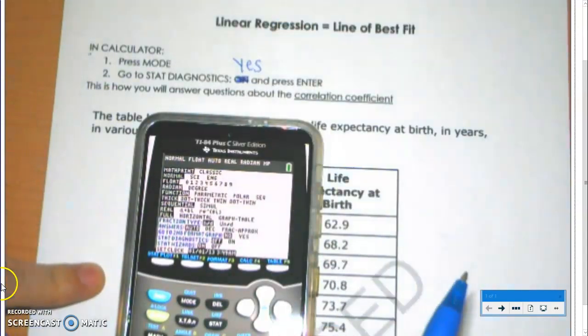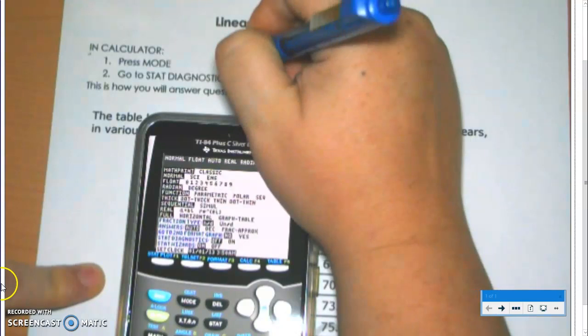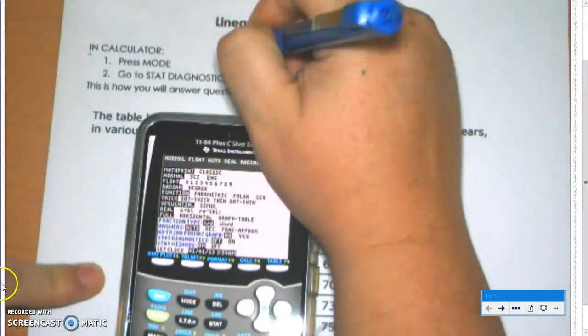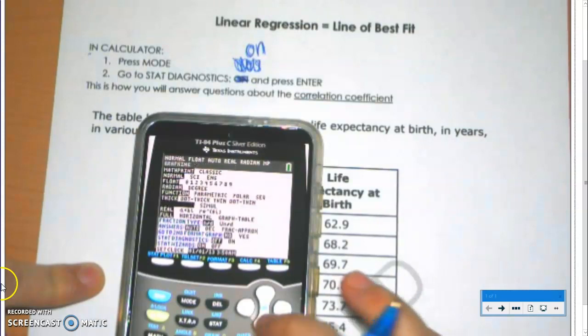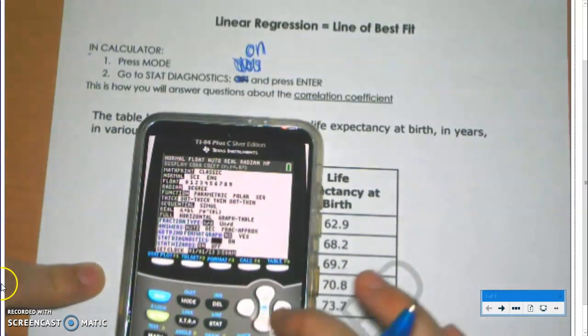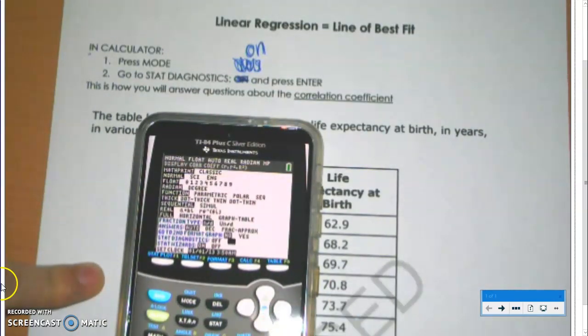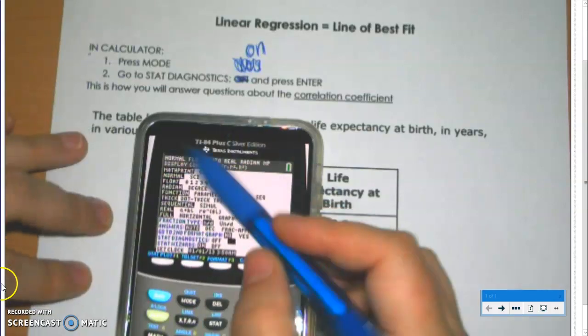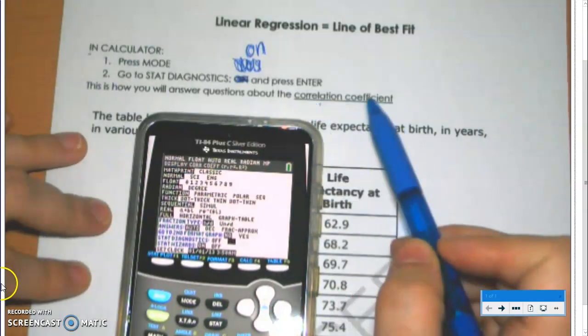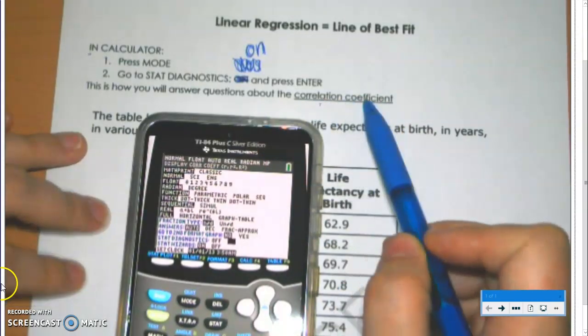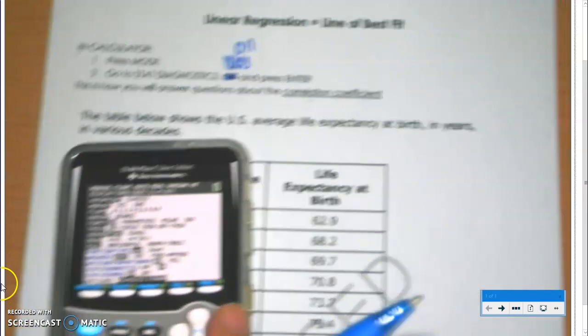Stat diagnostic. Oh no, it does say on. Sorry, I'm reading the wrong thing. Go ahead to where it says on. Hit enter. And that will help you if the question says something about the correlation or the correlation coefficient. We're going to need that stat diagnostics to be on.